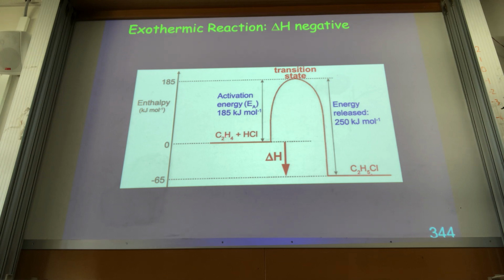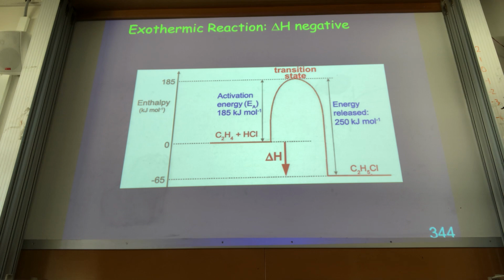So in this case we've got the addition reaction between ethene and hydrogen chloride. If the molecules collide in the right way, bonds will be broken, and it takes 185 kilojoules to break the bonds of 1 mole of ethene, 1 mole of hydrogen chloride.